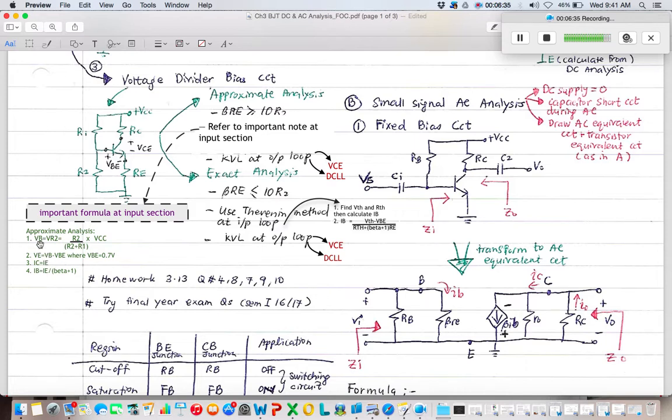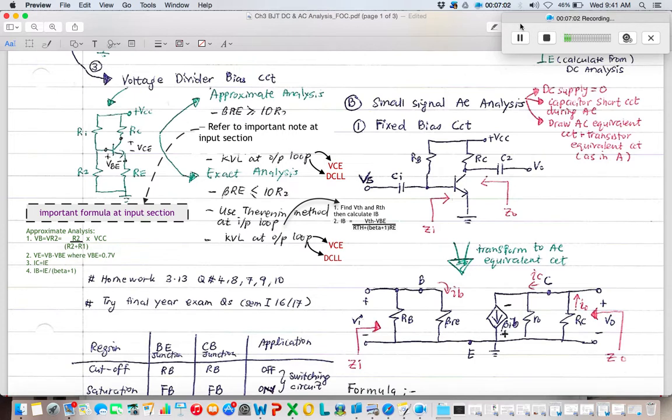Whatever value of VB you obtain in here, you rewrite it, and then minus 0.7 volts. From VE, you can get the IE. So how to get IE? IE is VE over RE.